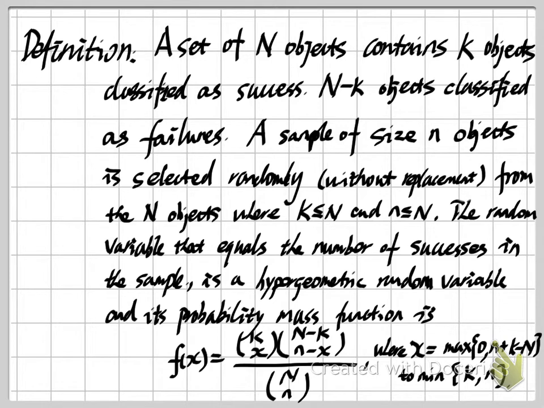So no matter how many items we select from the whole population, these successful items should be smaller than the total number of success objects, right? So that means this x should also be smaller than capital K. Okay, so this is the upper range of our x. And then for the lower range, of course the smallest number is 0. It means in our sample there are no successful items.